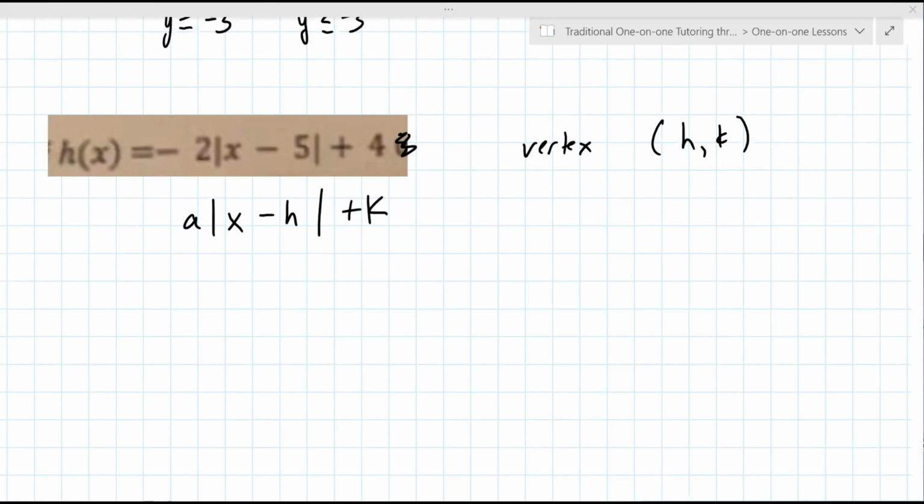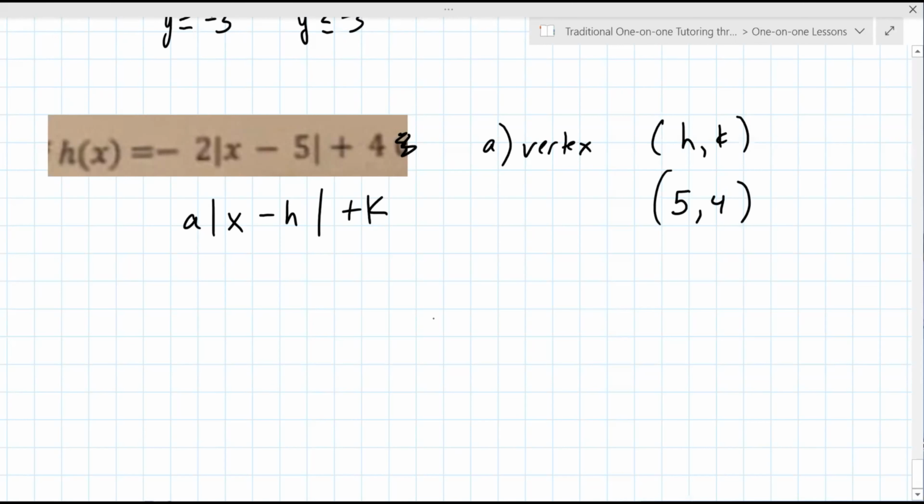All right, here, I'll just start solving it. Oh, wait, no, the vertex is the easy part. It's positive 5 and 4. That's right, it's 5 comma 4. All right, so that's our answer for the vertex. That's kind of part A.